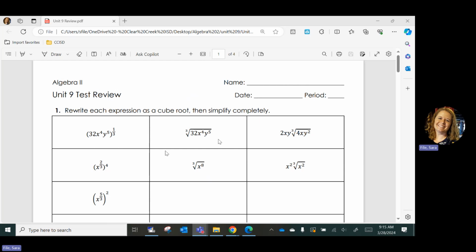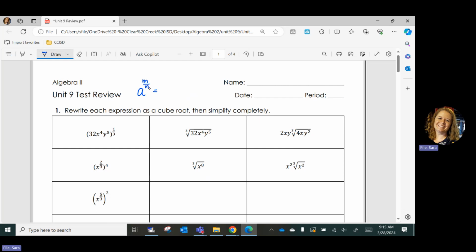There's two examples worked out for you. Looking at these examples, we're just remembering our rules: when you have a rational exponent, I want m on top and n on bottom, consistent with our notes from before.